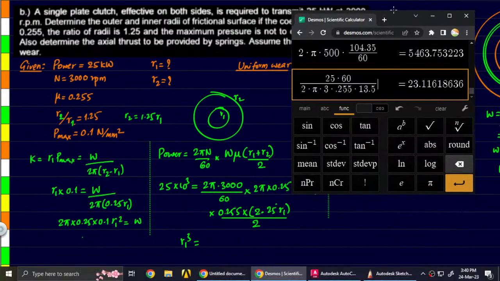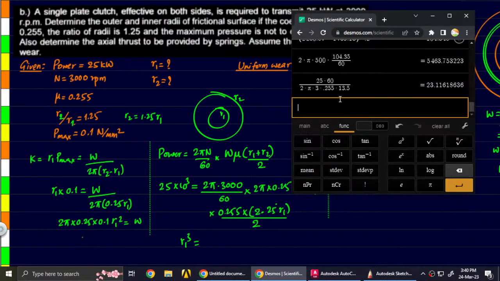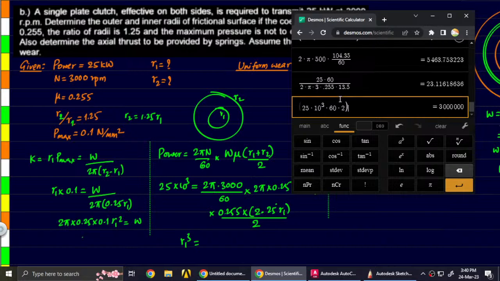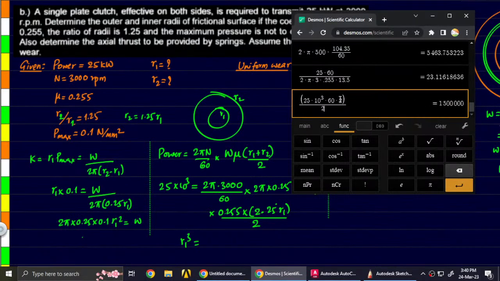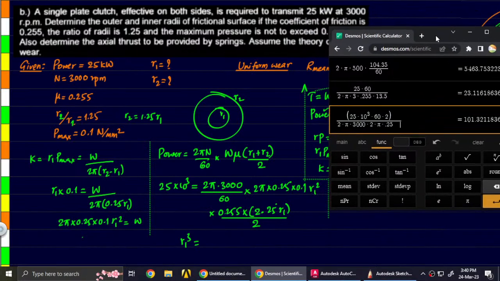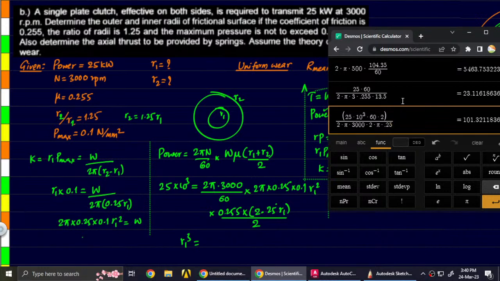So let's come back to this relation. 25 into 10 power 3 and into 60 into 2, divided by 2 into 5 into 3000 into 2 into again pi into 0.25, into 0.1, into 0.255 into 2.25.